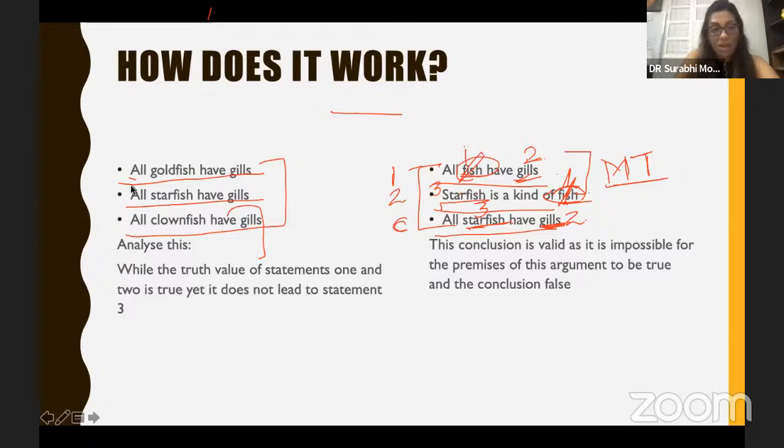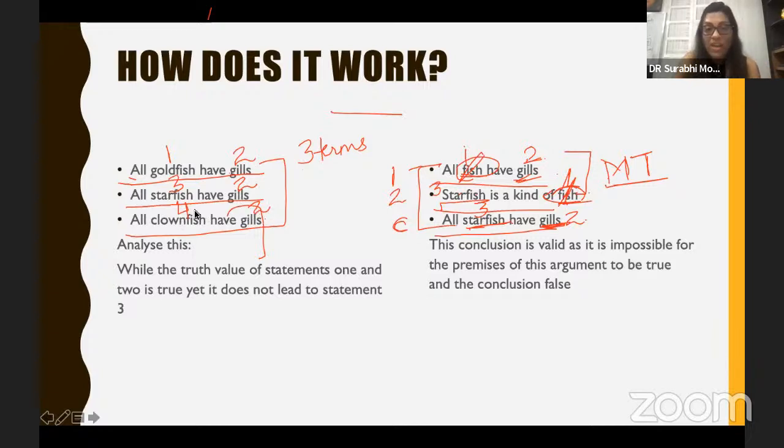Look at these 3 statements now. We have statement 1, term 1, term 2, term 3, right? Term 2. But look at the conclusion. We have introduced a new term 4 and we have repeated the term 2. What is the rule? That there should only be 3 terms. One term is the middle term and the other 2 terms we use in the conclusion.